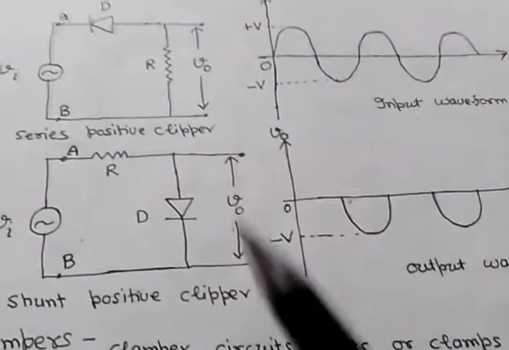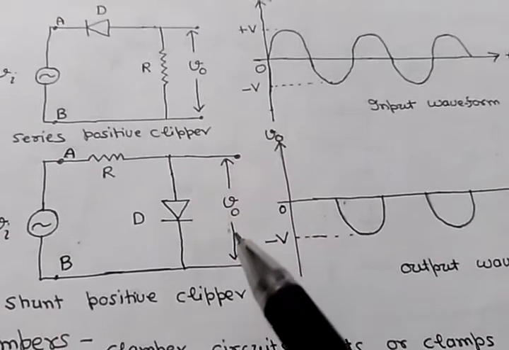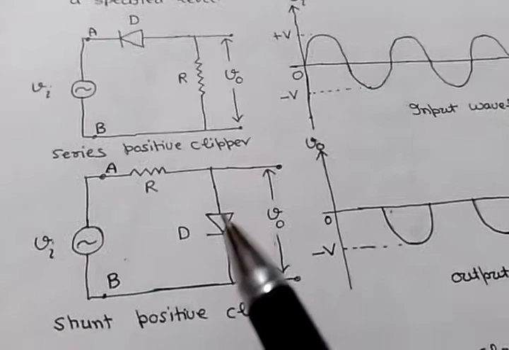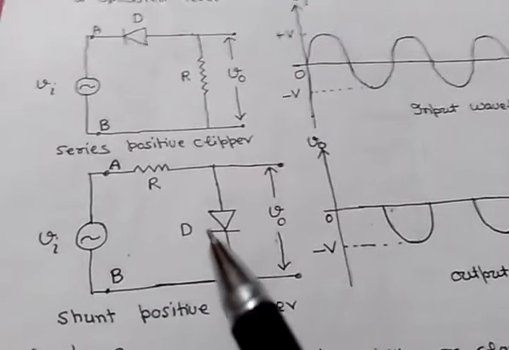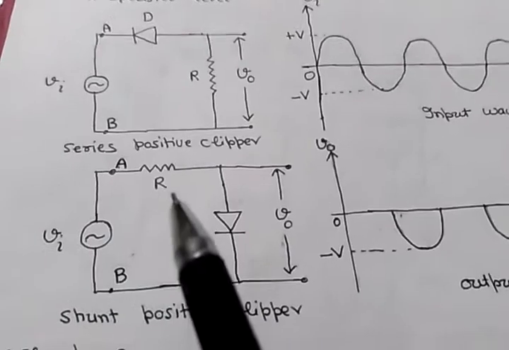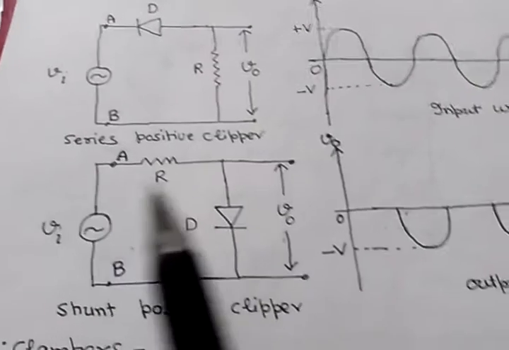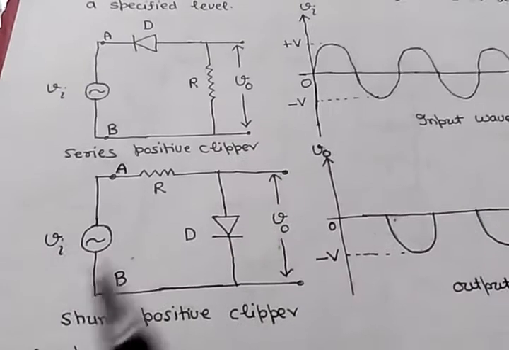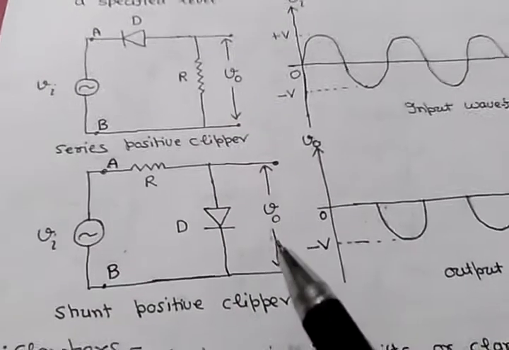So the output voltage in this case will be same as the input voltage, because the circuit will be open, there will be no current flow through the resistance R, so voltage across this resistance will be 0. Total input voltage will appear at the output.